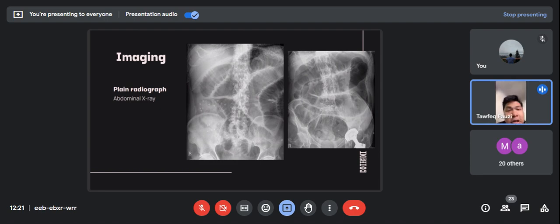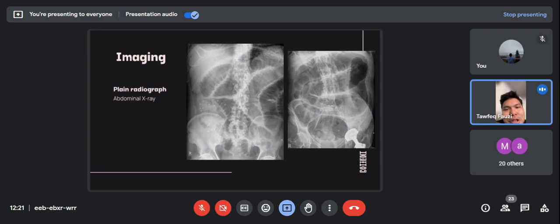So on an X-ray, there's small bowel obstruction. You would have the dilated bowel loops located centrally, such as on the picture on the left. Centrally located dilated bowel loops. And of course, you have the characteristic features of small bowel, which are the valvulae conniventes. And the bowel loops look like a stack of coins.